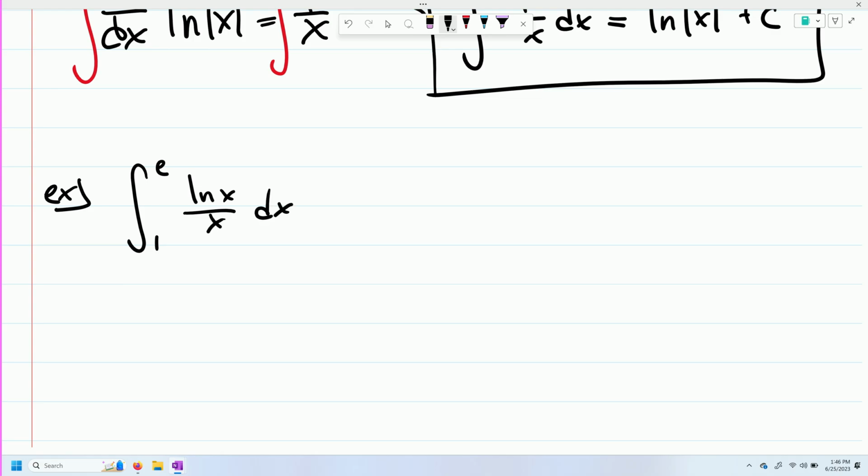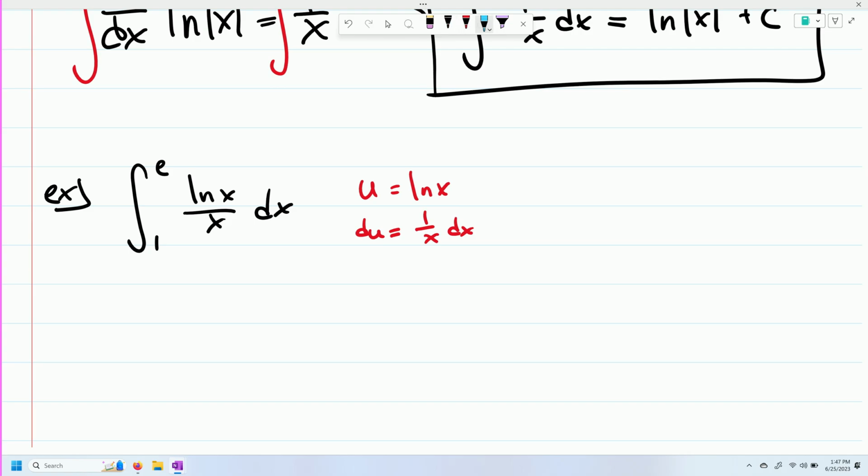Now in this case, we're going to have to use u substitution. So we're going to let u equal the natural log of x. Du, therefore, is going to equal 1 over x dx, which is exactly what we want.